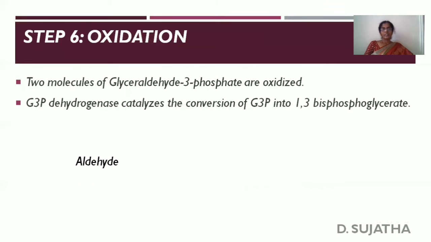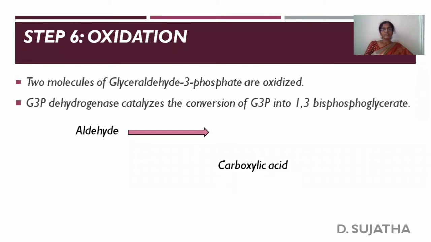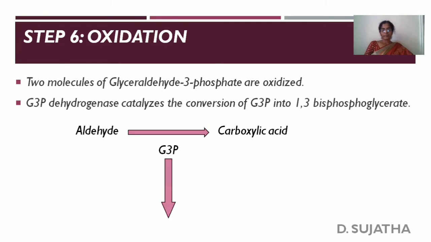And this is the oxidation reaction. In this oxidation reaction, the 2 molecules of glyceraldehyde 3-phosphate from the previous reaction are oxidized in the presence of the enzyme glyceraldehyde 3-phosphate dehydrogenase.